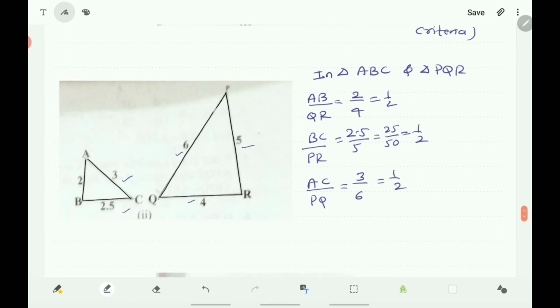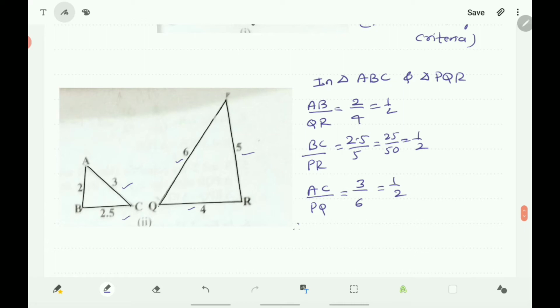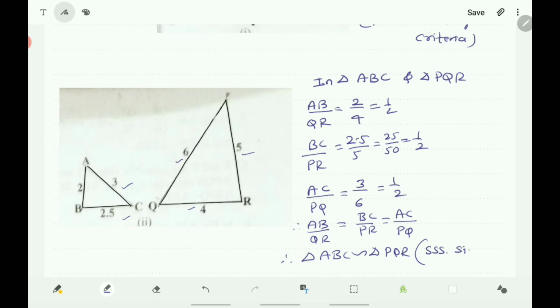Therefore AB by QR is equal to BC by PR is equal to AC by PQ. Therefore, you can write triangle ABC is similar to triangle PQR. The criteria used is SSS similarity criteria.